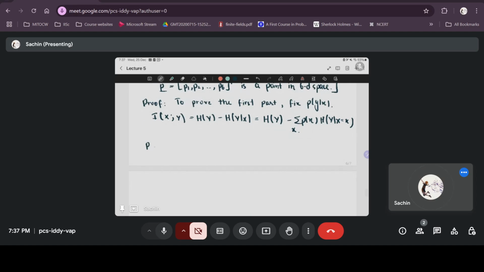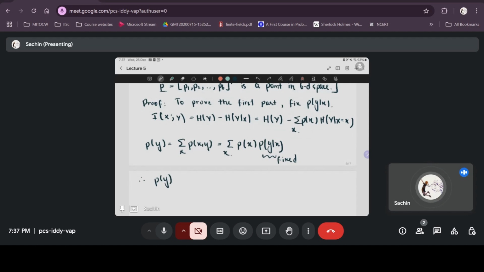Now P of y is summation of P of x comma y over all x, which is summation of P of x times P of y given x over all x. P of y given x is fixed. Therefore, P of y is a function of P of x.